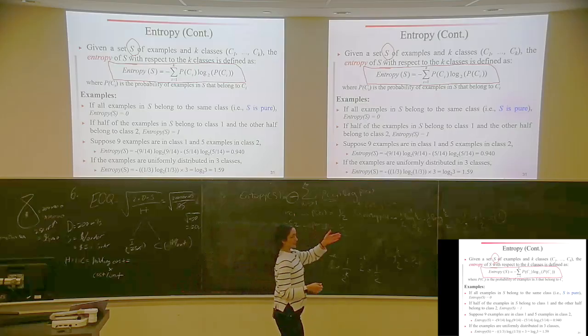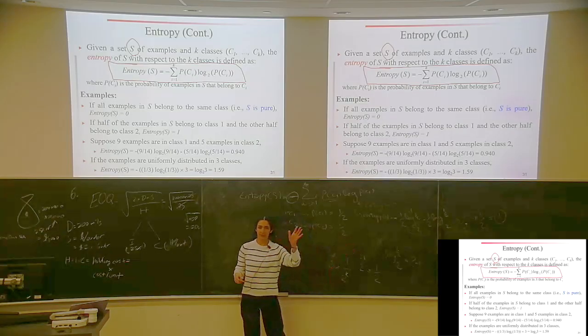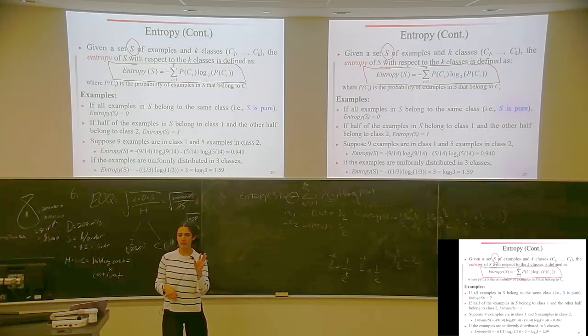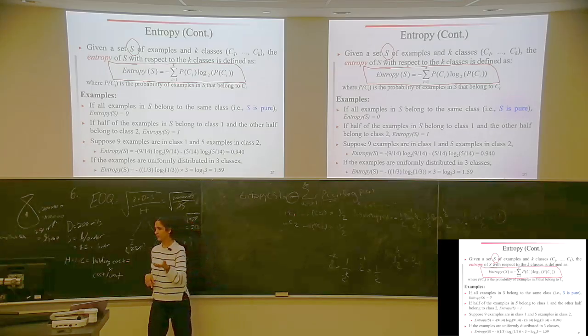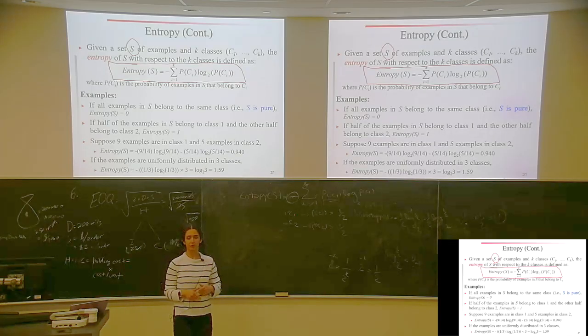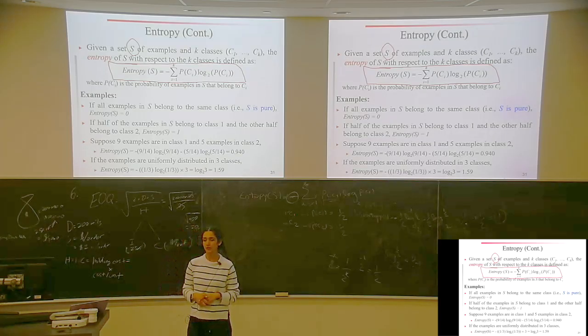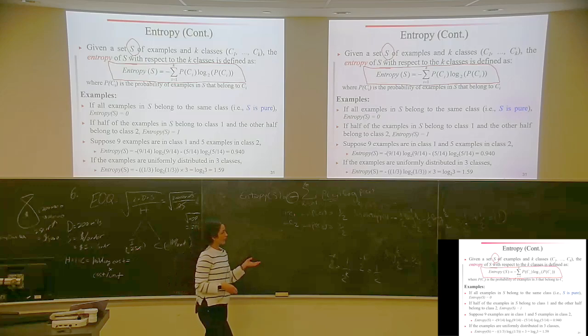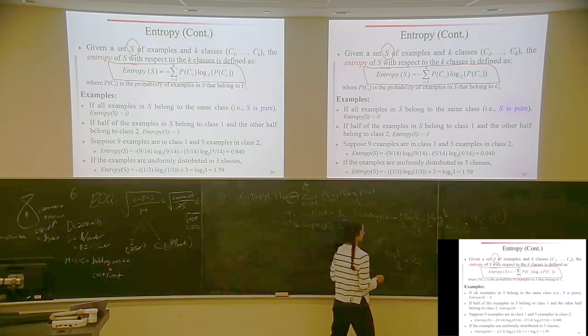So we said 9 examples belong, let's say, to class positive, 6 examples belong to class negative. Or I don't know how many examples. Let's say 9 and 4. So what would be the entropy if you have 9 and 4, right?